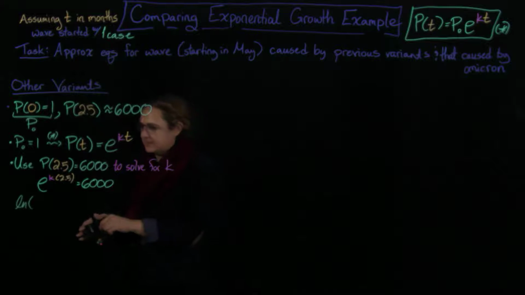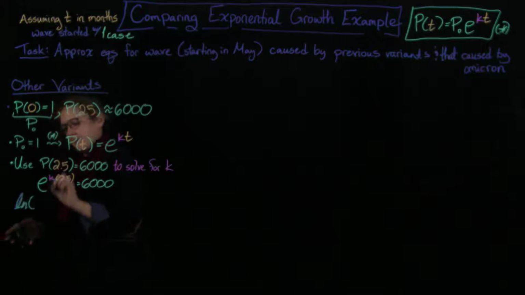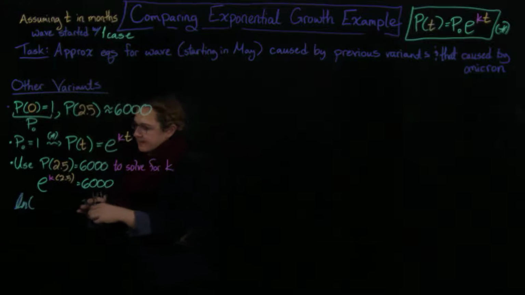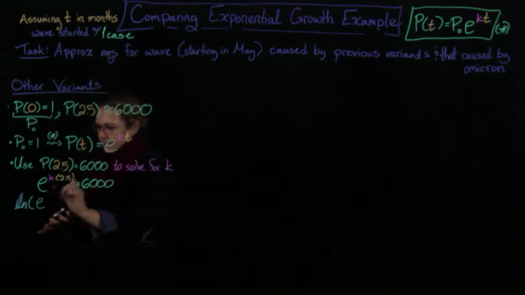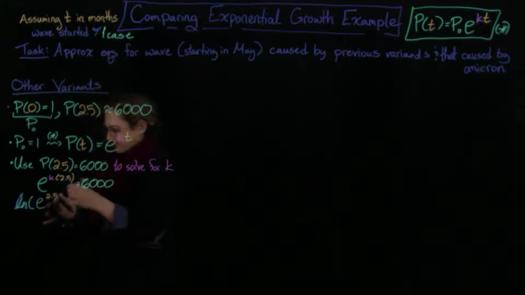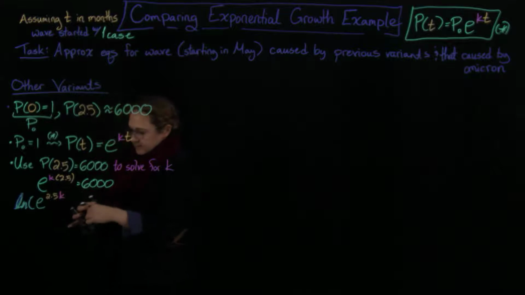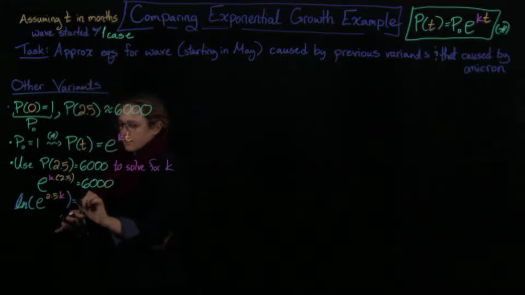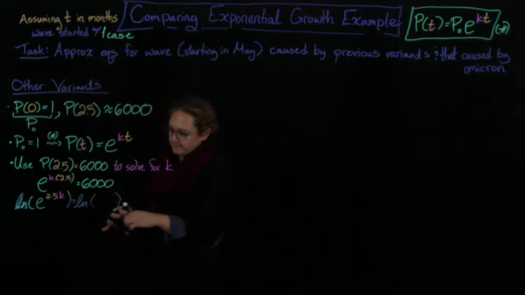Actually, let's do this in another color. So let's take the natural log of e to the, I'm just going to write that as 2.5k. It's a little bit cleaner for me. So I'm taking the natural log of both sides, and I'm going to take the natural log also of 6,000.